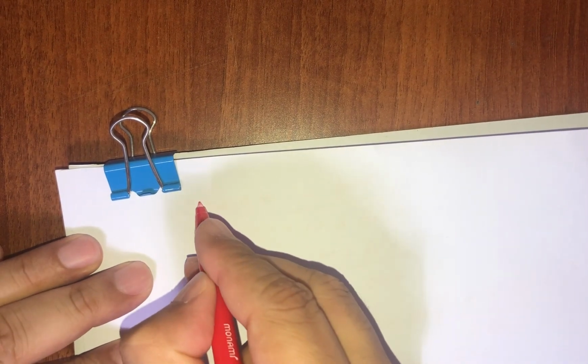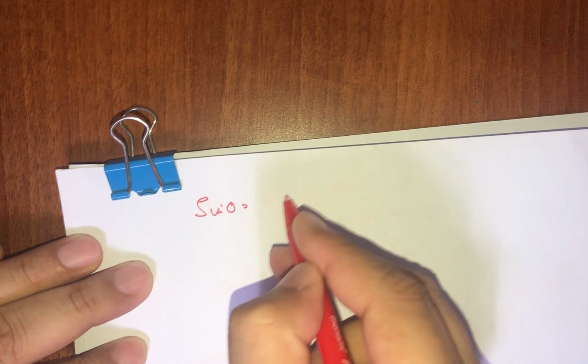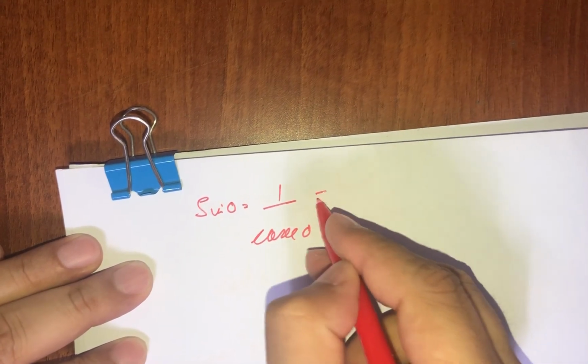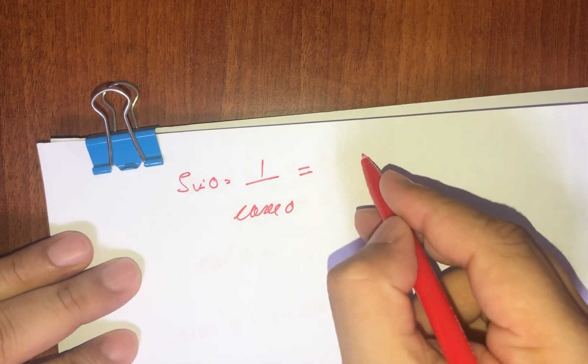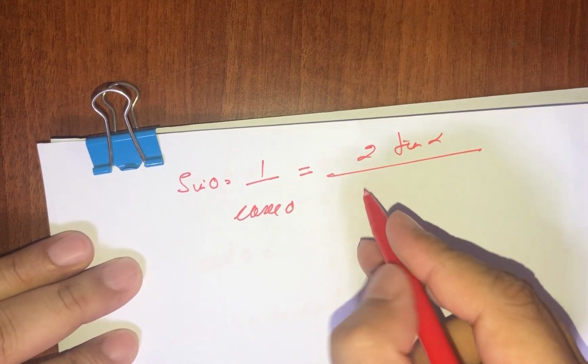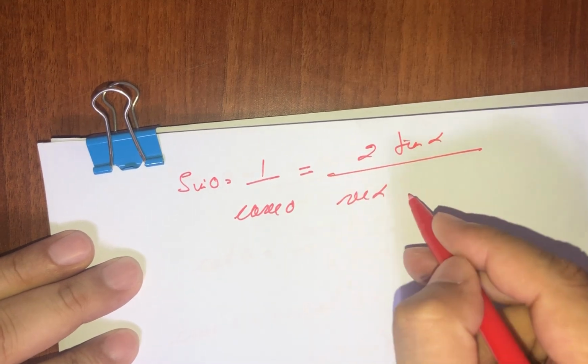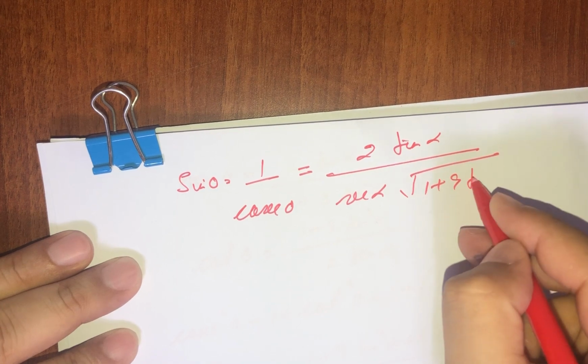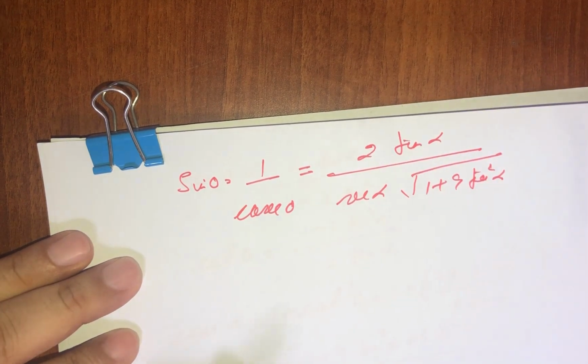So from this we are going to find out sine of theta. So we know that sine of theta is equal to 1 upon cosecant of theta, which means this will be equal to 2 tangent alpha divided by secant alpha square root of 1 plus 9 tan square alpha.